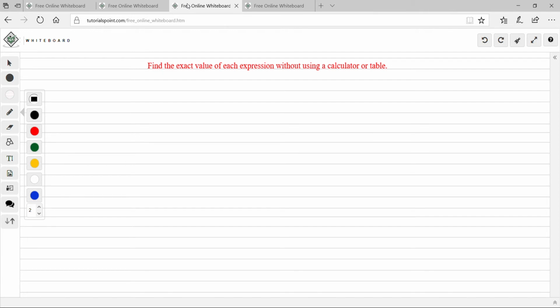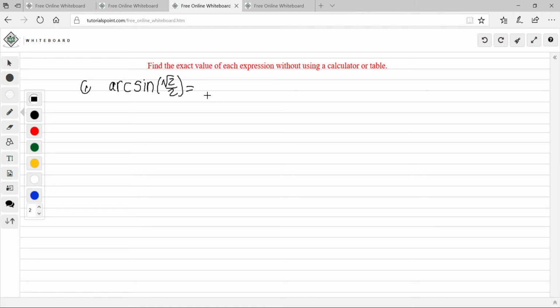So we've got to find the exact value of each expression without using a calculator or table. Our first problem is arcsine of square root 2 over 2.